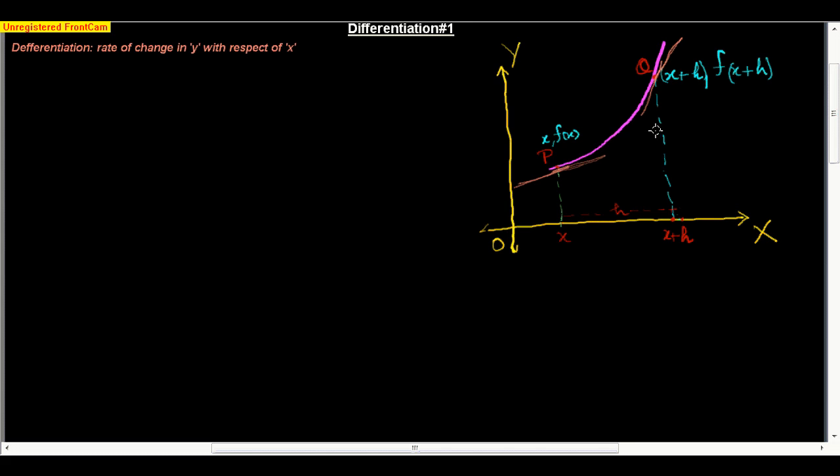So if I make Q coincide with P, then h tends to 0. As Q comes to P, h tends to 0, and the tangents would coincide. For this, first of all, I would like to tell you one more thing.